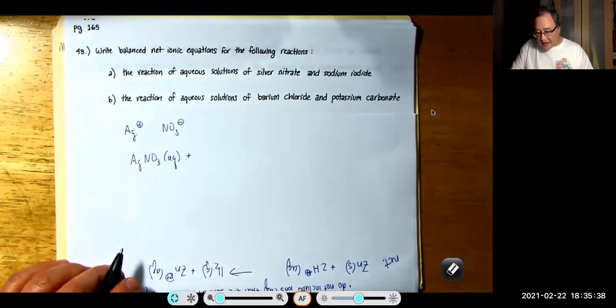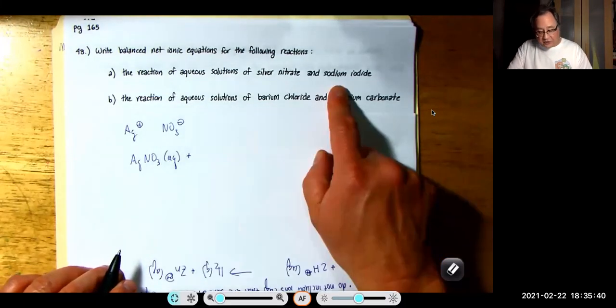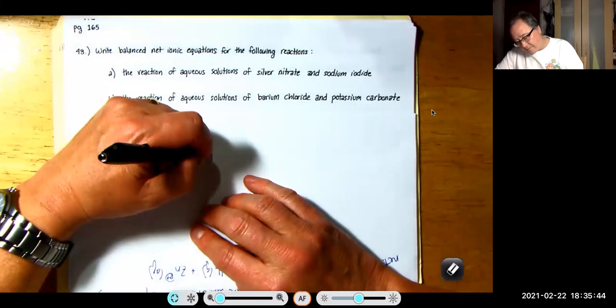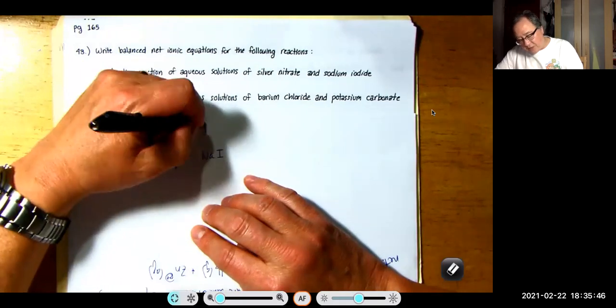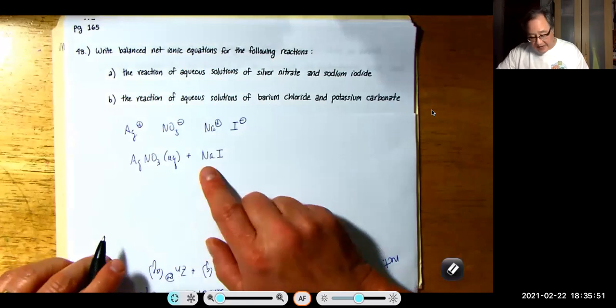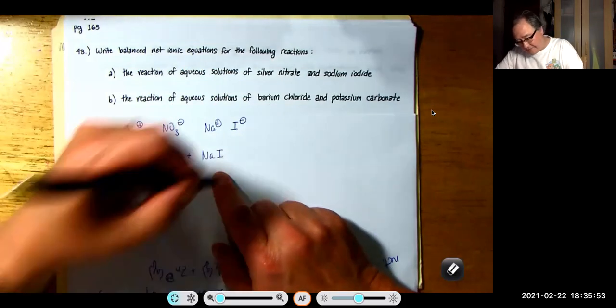Now we're going to react that with sodium iodide, which is also aqueous. Sodium is a +1, iodide is a -1, so you write NaI for sodium iodide.